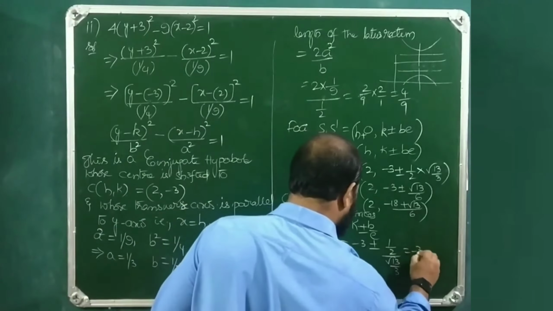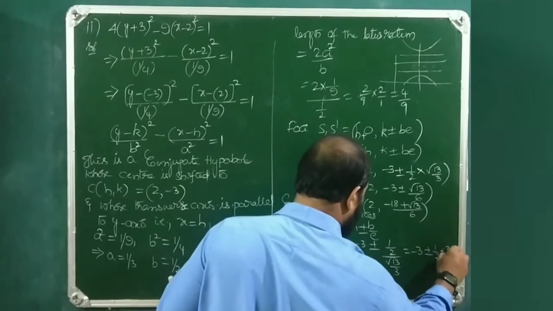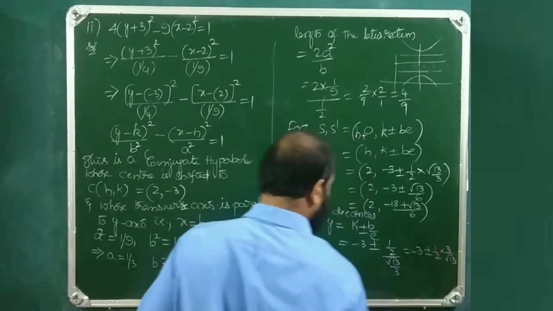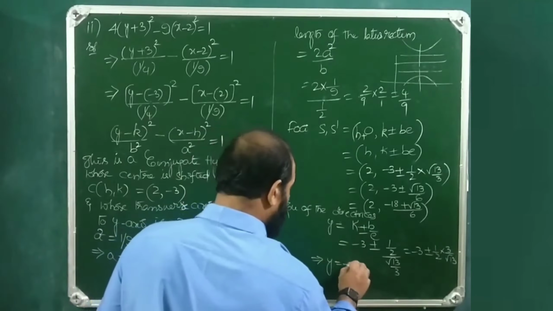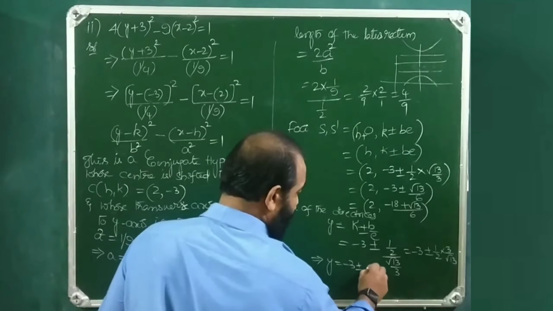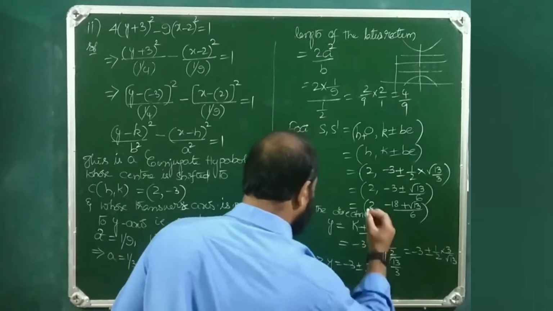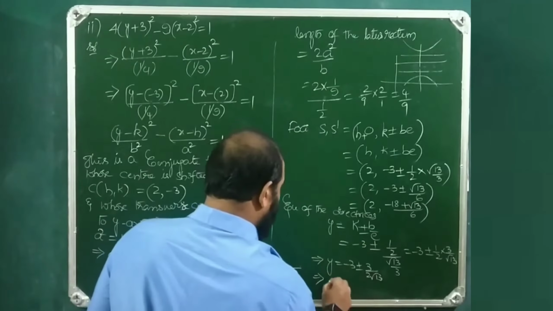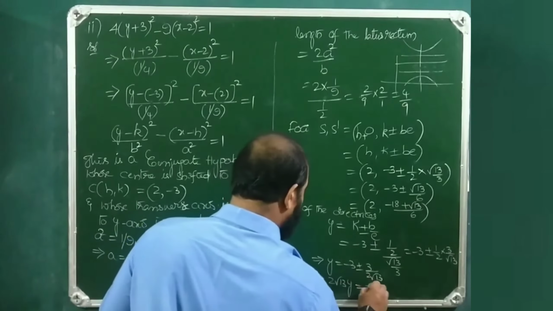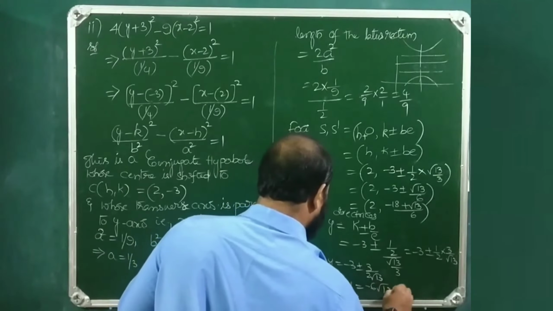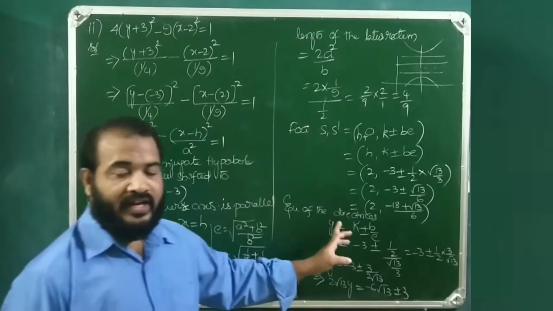So this is minus 3 plus or minus 1 by 2 into 3 by root 13. So y is equal to minus 3 plus or minus 3 by 2 root 13. So 2 root 13 y is equal to minus 6 root 13 plus or minus 3, which is the equation of the directrices.